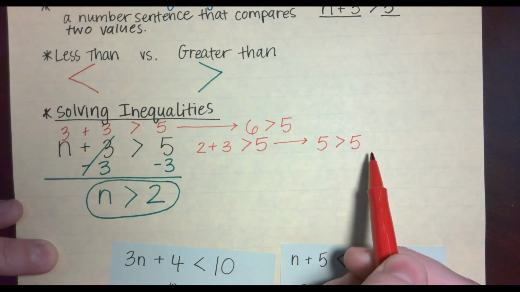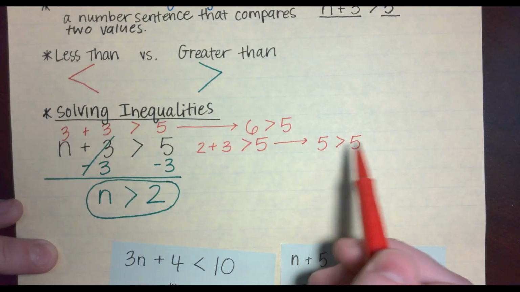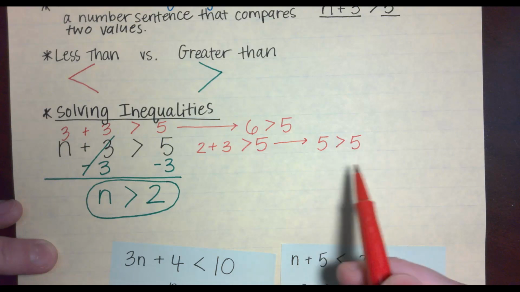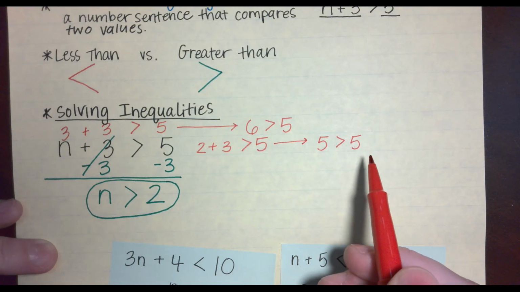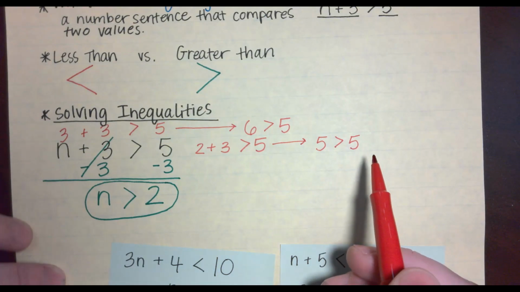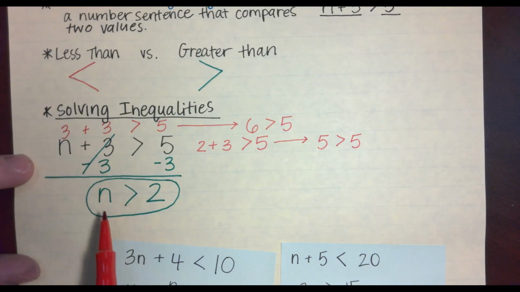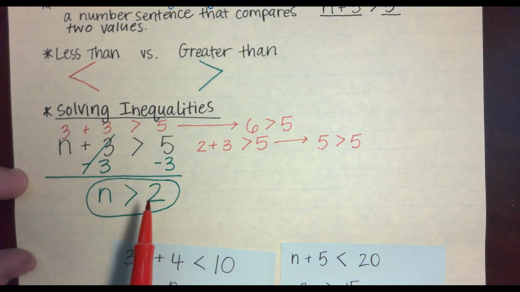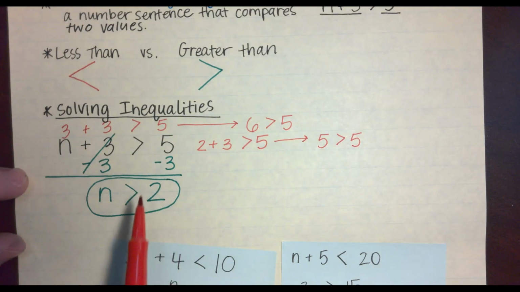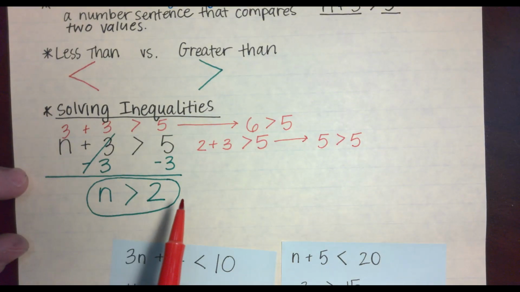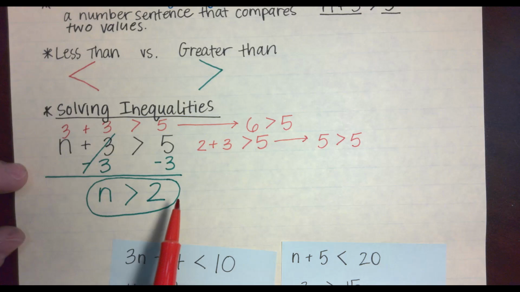Is this true? No. It's not true. 5 is not bigger than 5. It's equal to 5. So whenever we have an answer like this, where I say that n is greater than 2, that means that 2 is not included in this answer. It's only numbers that are bigger than 2.